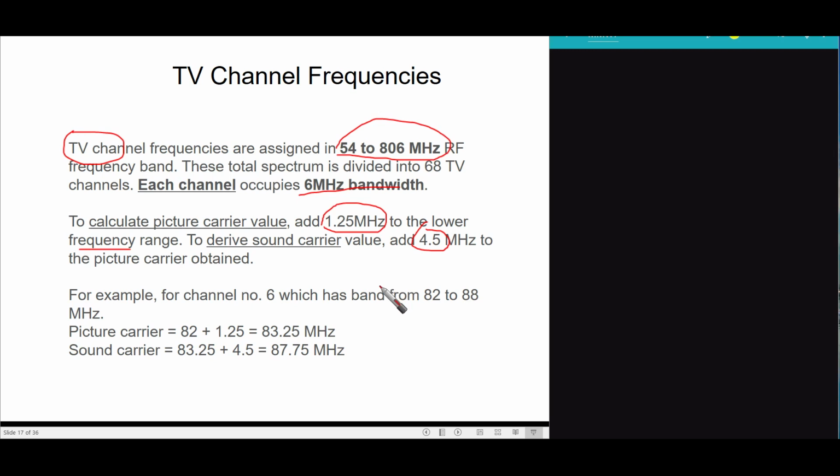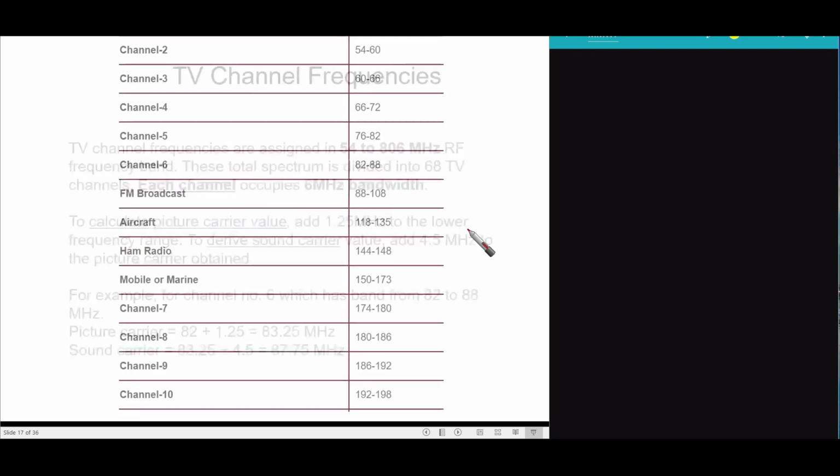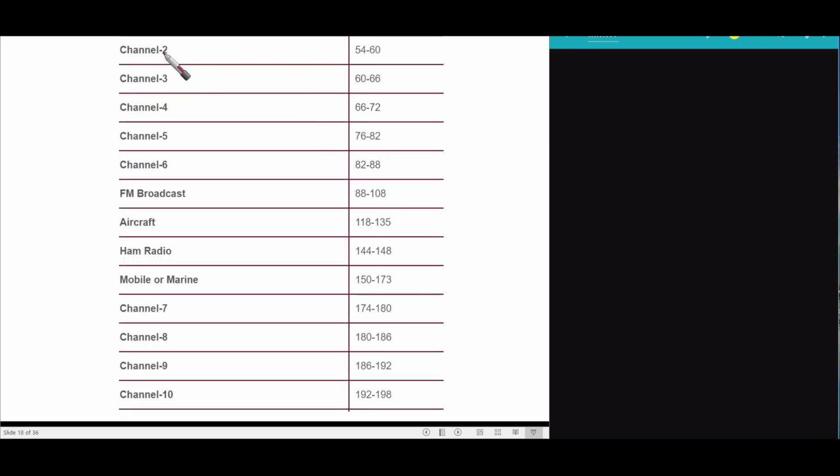Let's give an example and that will clarify. Let's say channel number 2 starts from 54 megahertz to 60 megahertz, because each channel needs 6 megahertz. Channel 3 is 60 to 66 megahertz.